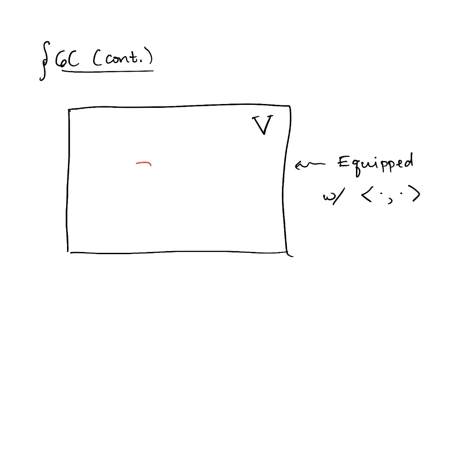Maybe let's call it U. Use a subspace and we can form its orthogonal complement. Let's say U perp in green.